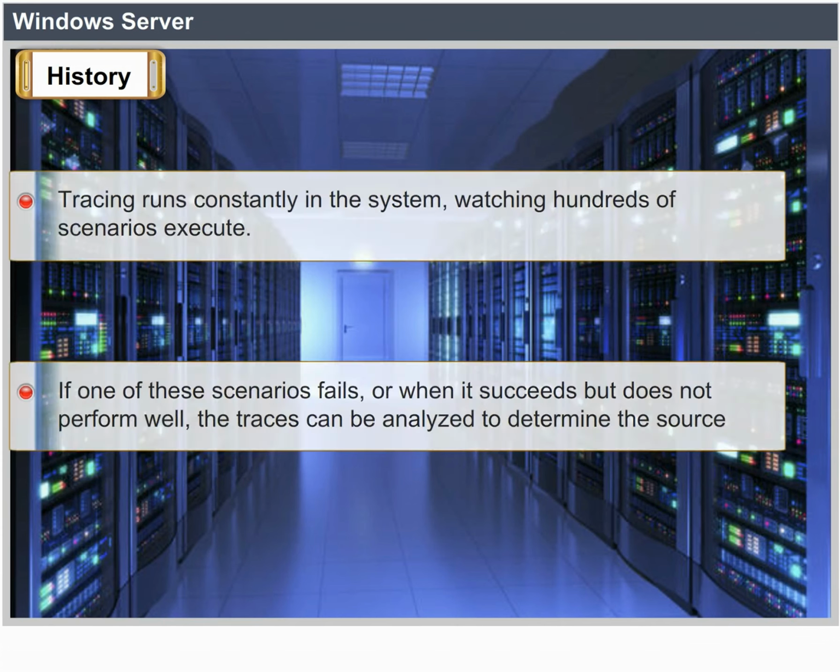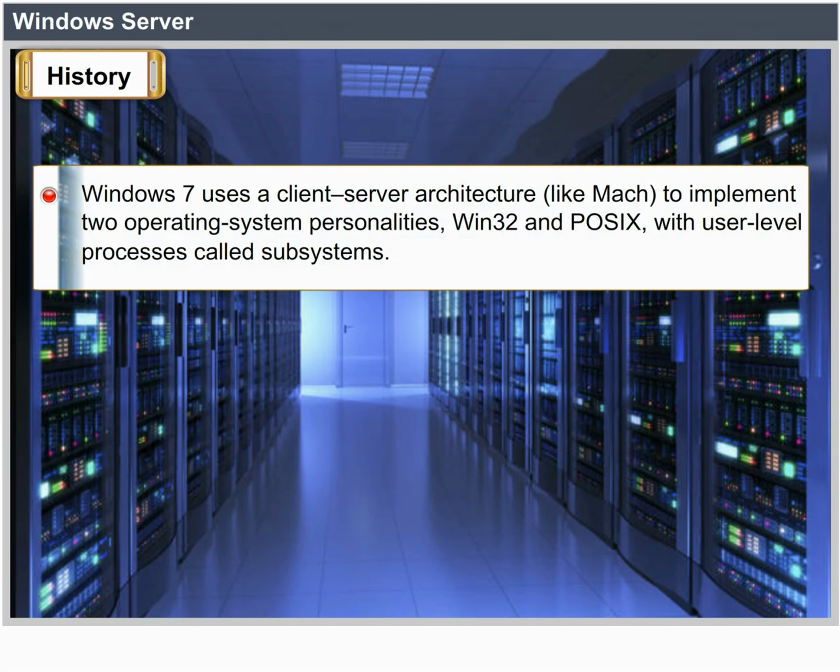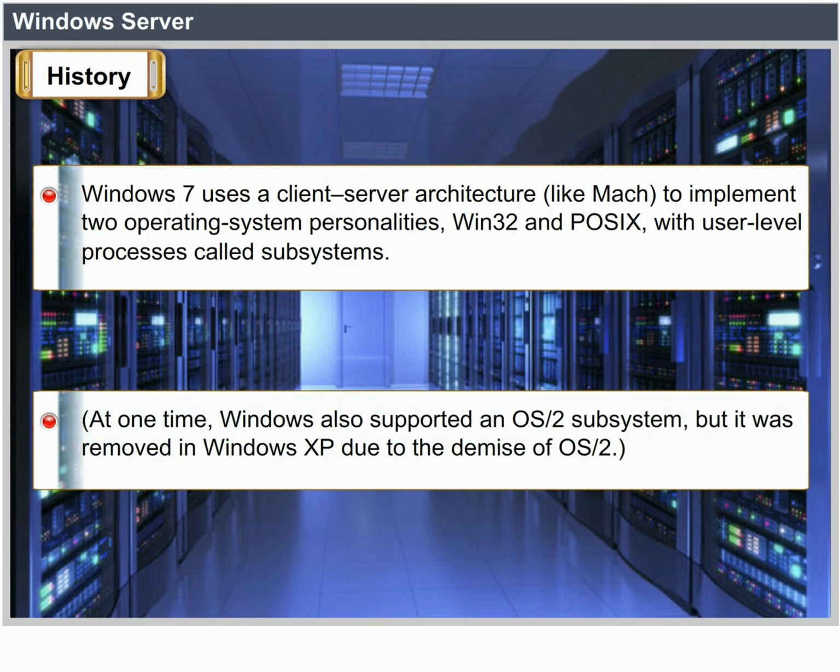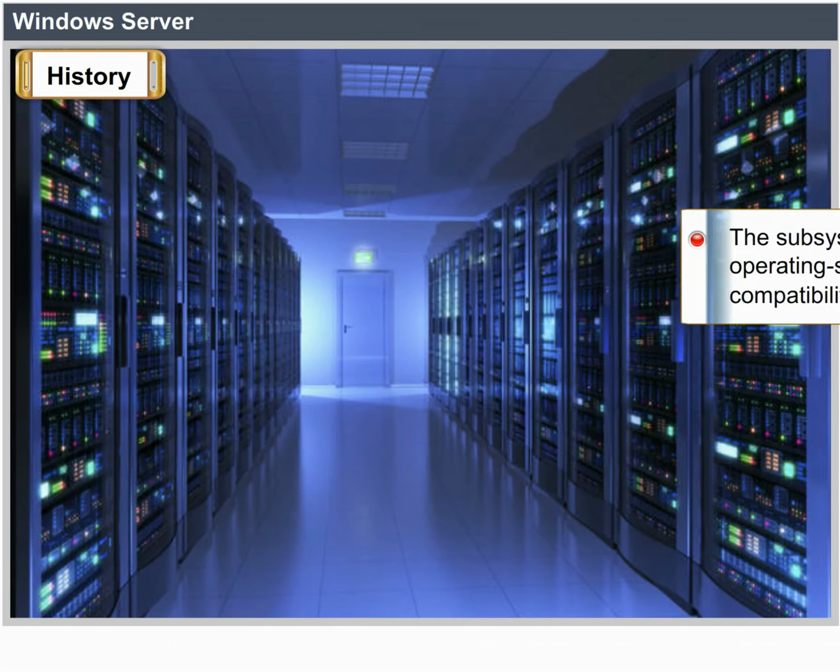to determine the cause. Windows 7 uses a client-server architecture like Mach to implement two operating system personalities, Win32 and POSIX, with user-level processes called subsystems. At one time, Windows also supported an OS/2 subsystem, but it was removed in Windows XP due to the demise of OS/2.